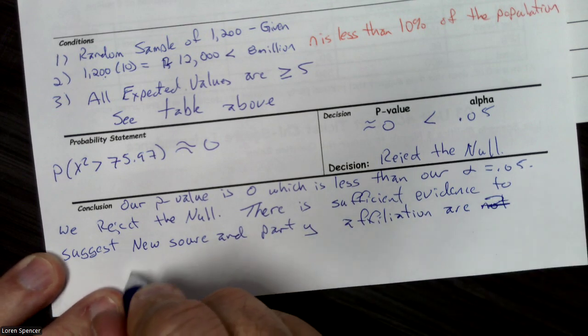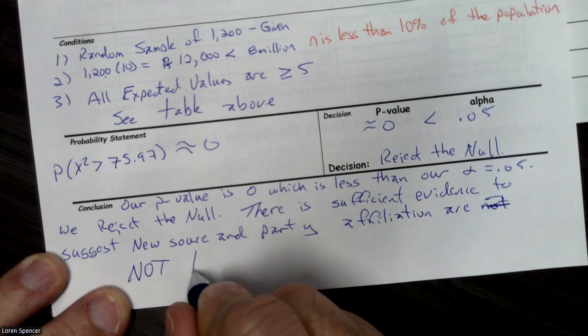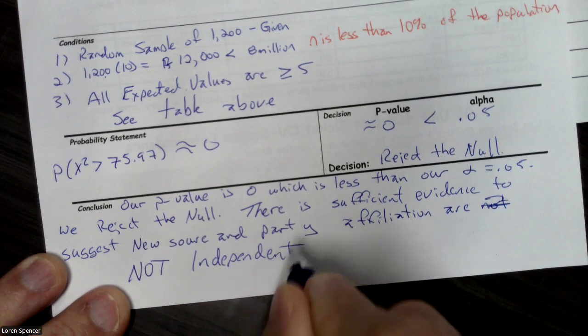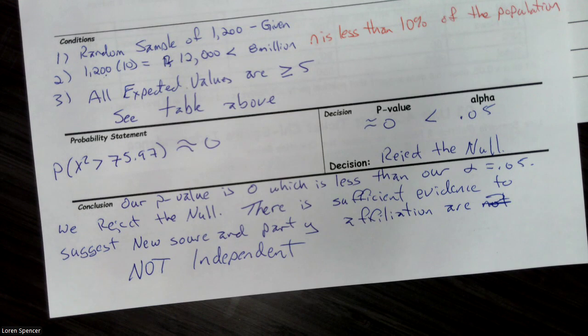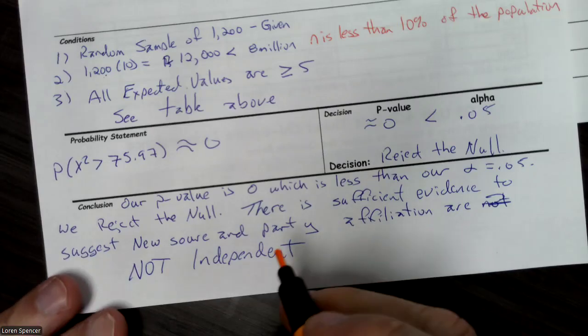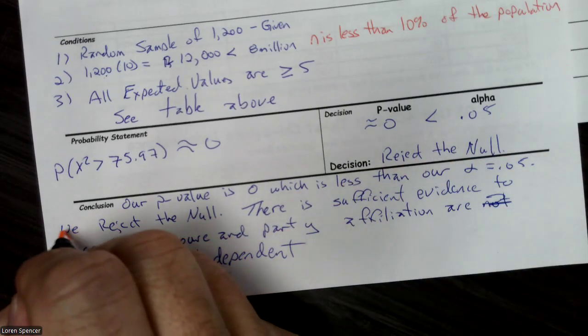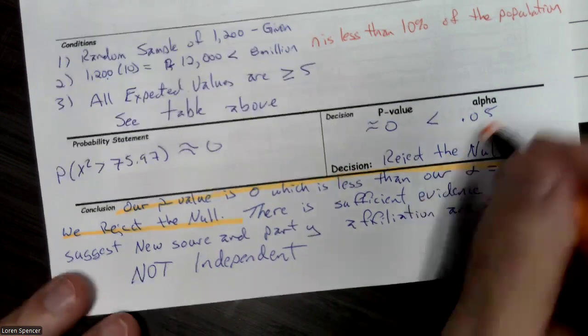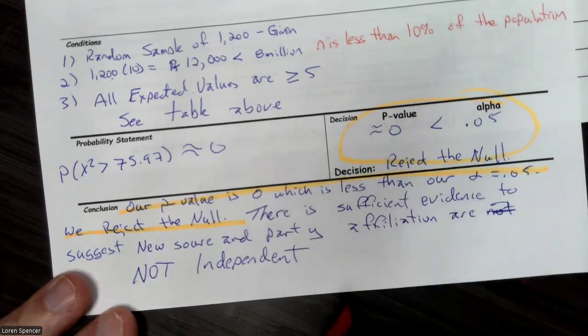I'm going to make that a big not. All right, so our p-value is 0, which is less than our alpha equal to 0.05. We reject the null. That whole first part, all of it, came from right there, right this square right here.